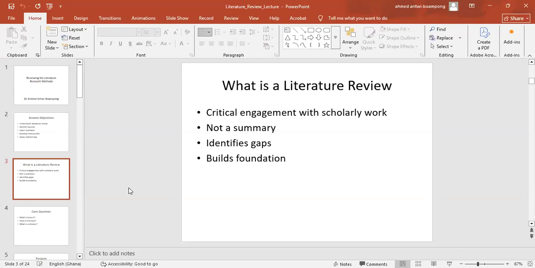What we still need to know is where it opens up a space for you to ground or situate your research. That is the gap that is exposed by the research for your work to sit in.